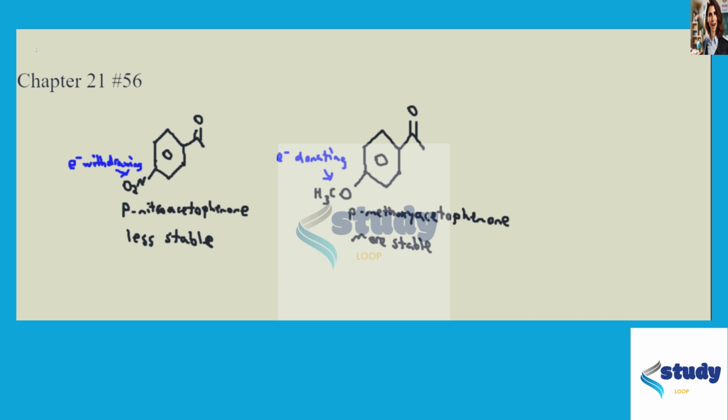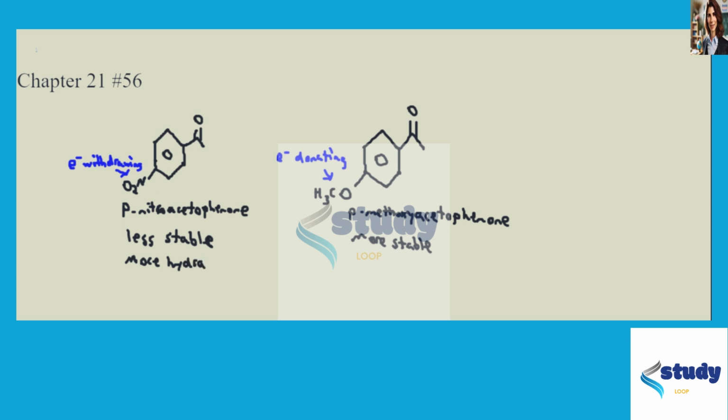Okay. The second question that we're asked is which has a higher percentage of hydrate at equilibrium. Again, electron withdrawing groups are going to increase the amount of hydrate at equilibrium and vice versa.